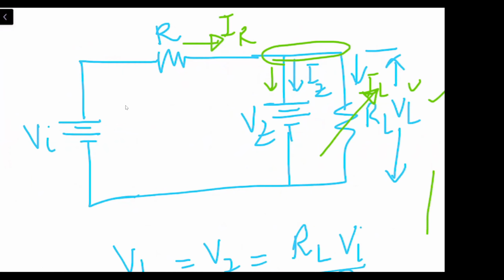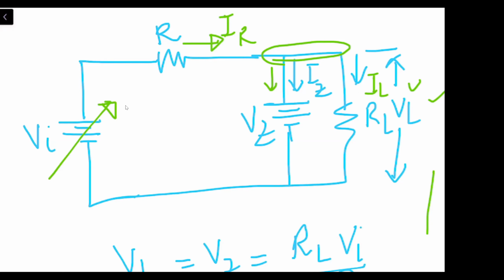Now if we change the role, this means that if I make the load resistance constant and I make the input voltage variable, right? Now what will happen?